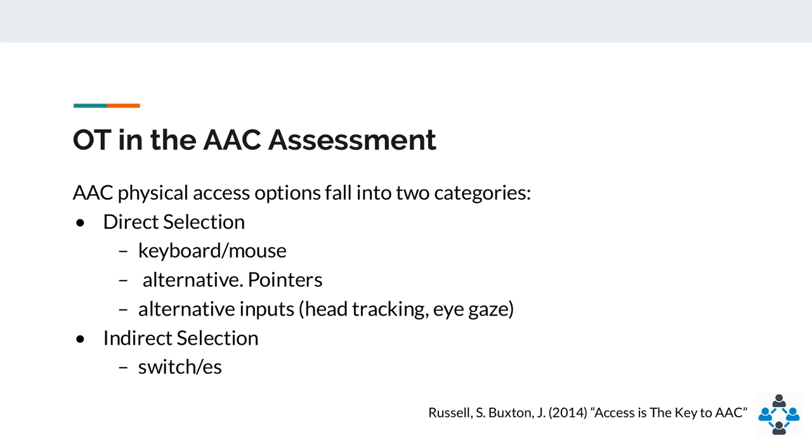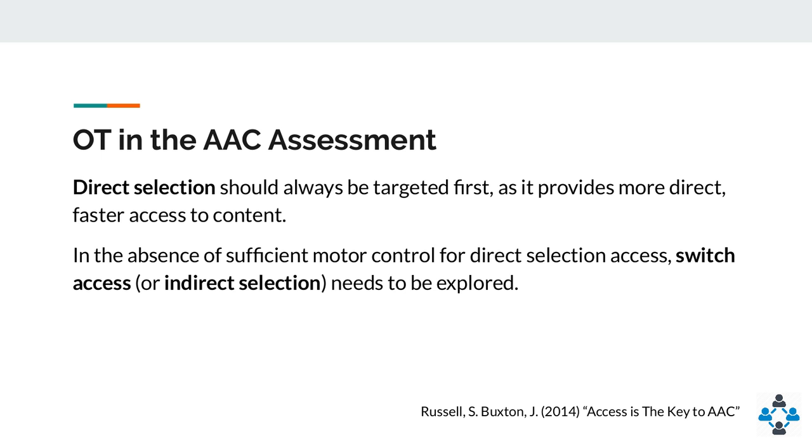You would want to first target direct selection because it is much faster to access content that way, a touch screen device or even eye gaze, but it's not always supportive of having the most access to vocabulary or choices. And so when those are limited by the access method, it's important to look then at indirect selection or switch access.